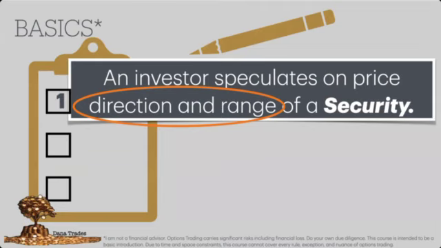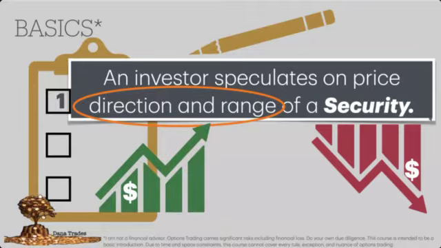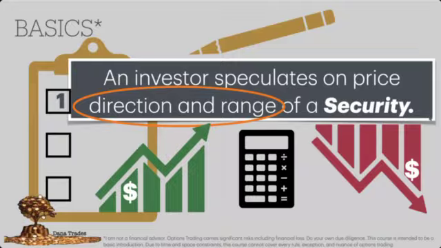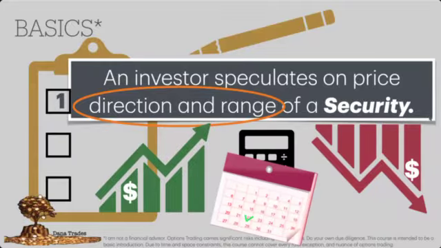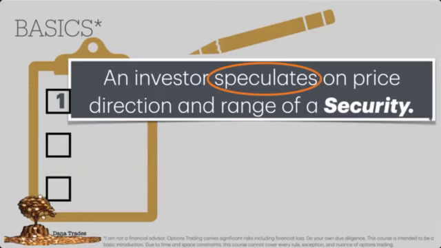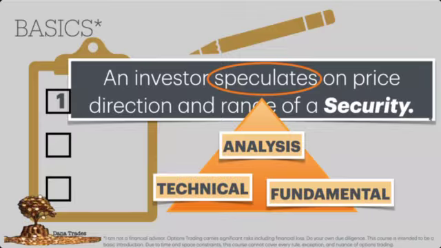So, how can an investor possibly know whether the price of a stock will increase or decrease and by how many dollars, or range, and over what time frame? Well, she can never definitively know, but she can perform research and analysis to speculate as to the price direction and range. Speculation should be supported by some objective analysis, whether technical analysis or fundamental analysis.